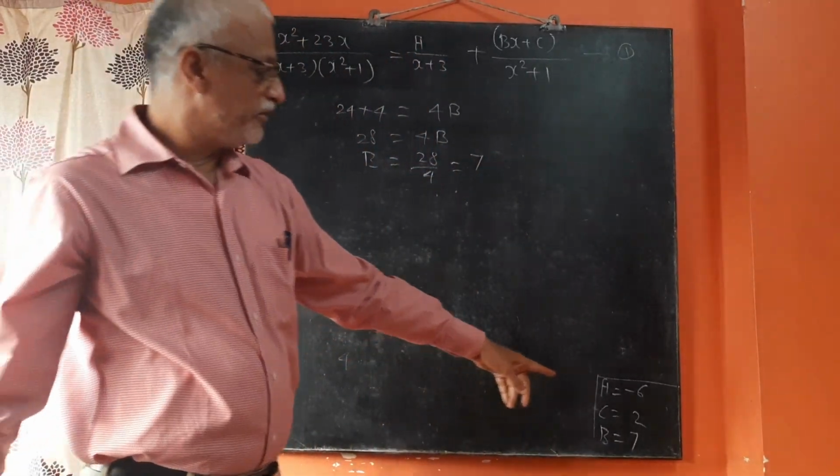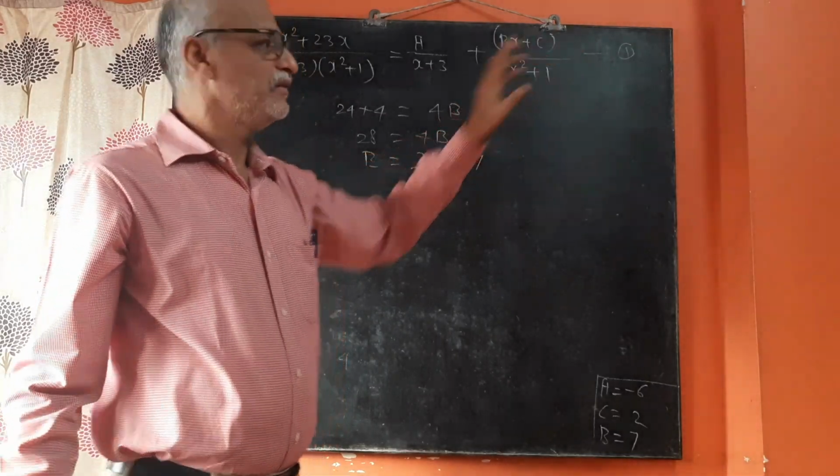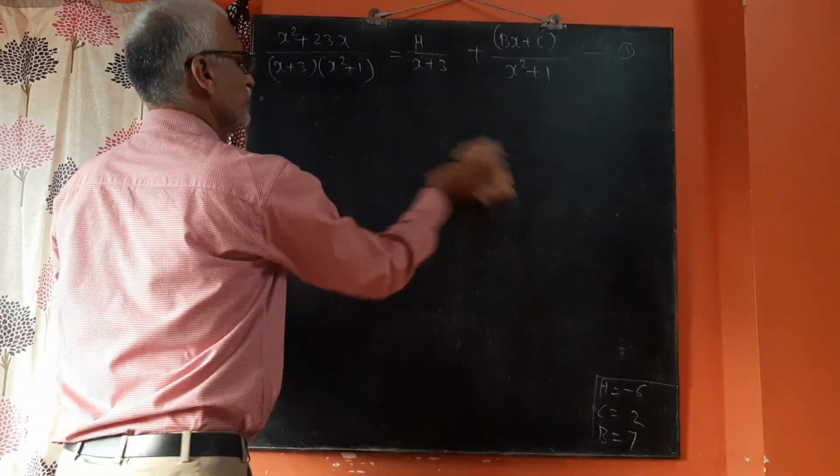Now substituting the values of a, b and c in equation 1, we will get the required partial fractions.